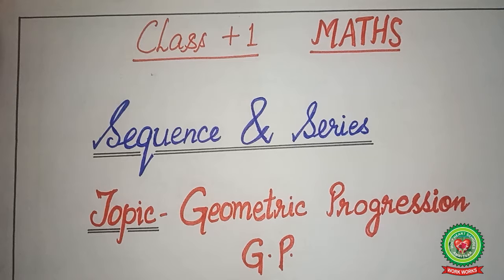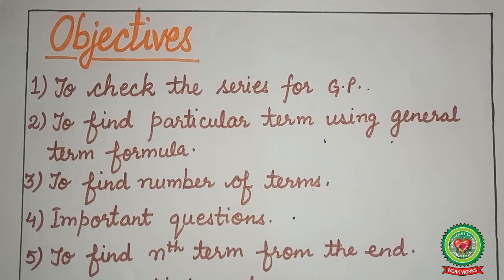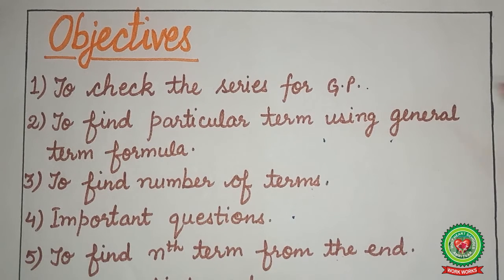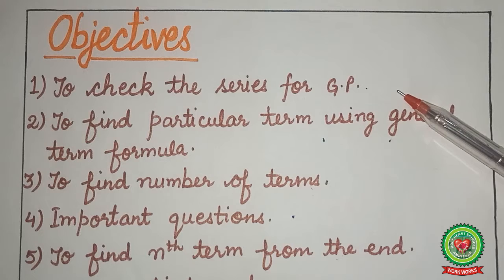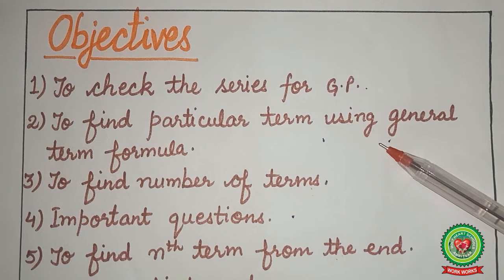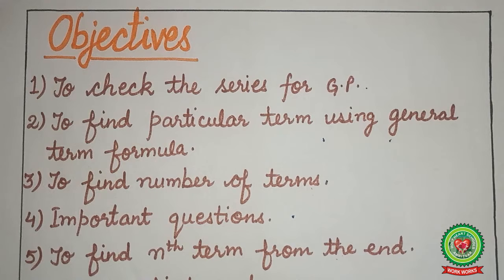Students, we have started with the topic geometric progression of chapter sequence and series, and we have discussed the first two types of GP: first, to check whether a series is a GP or not; second, to find a particular term using the general term formula.